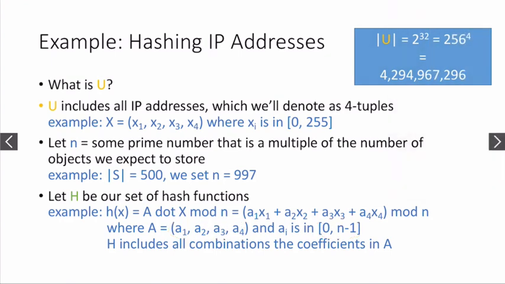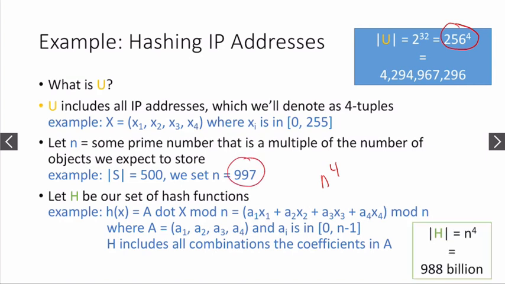So my next question is, how many different possible hash functions are there? How big is the hash family? Well, similar to how we had 256 to the 4th up here, for this we'll have n to the 4th, where n is 997, which is about 988 billion possible hash functions.